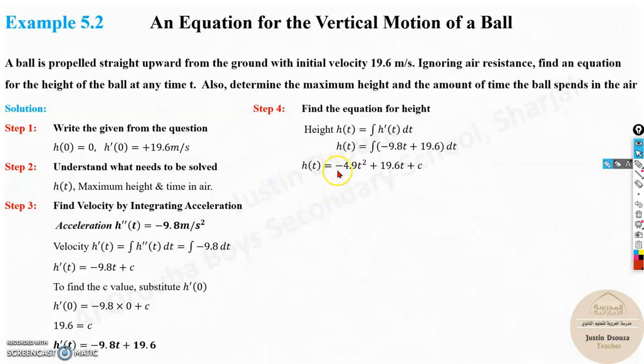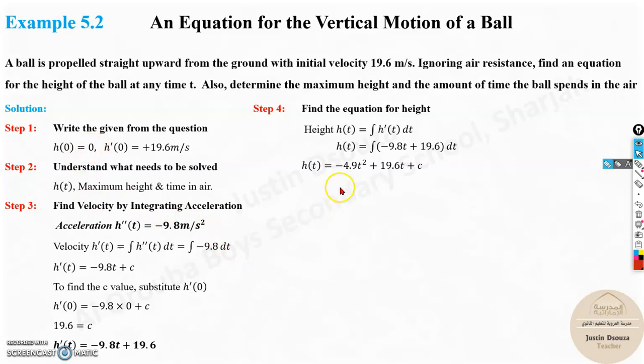Now minus 9.8 divided by 2 is minus 4.9 t squared. Then this over here is a constant, so you just add t, and then you have to add the constant of integration c. How do you find the c value? Substitute.